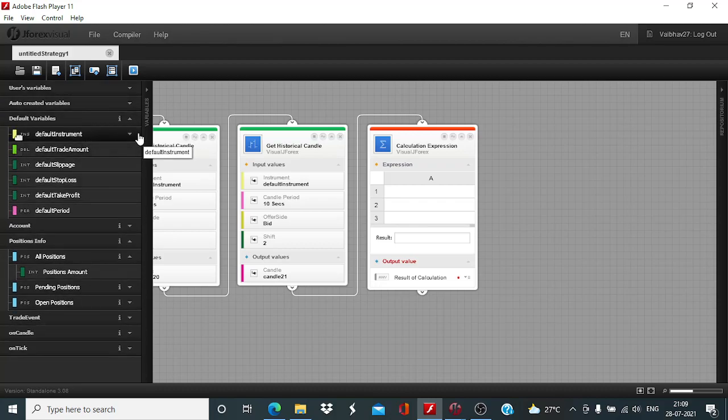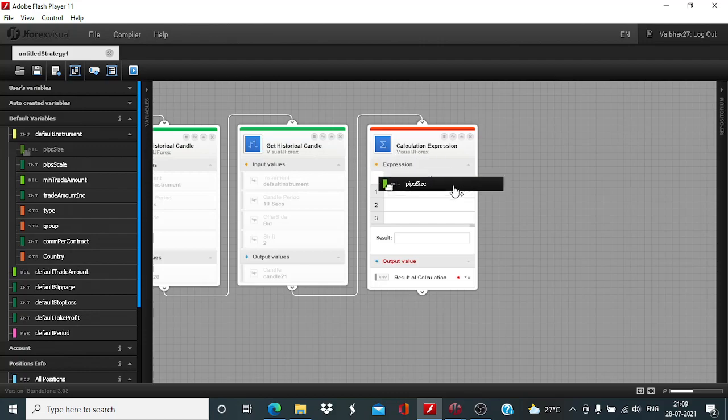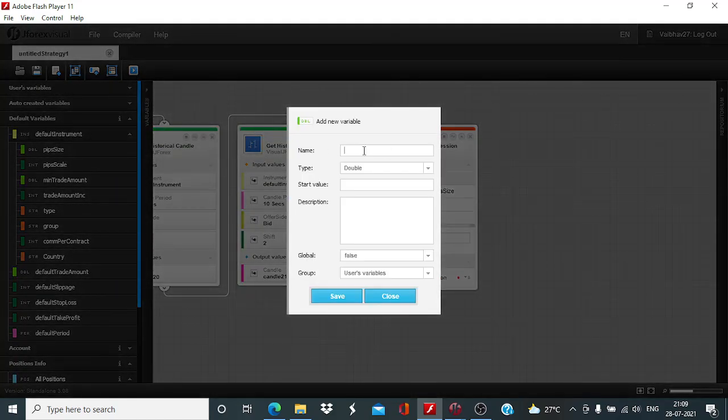Default variables, default instrument pip size will need to be multiplied by a new variable with the value of 20 to create the variable with the output value of 20 pips.